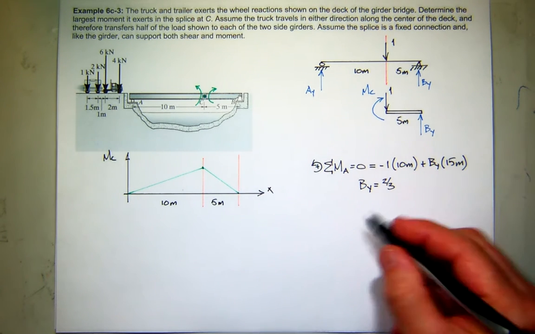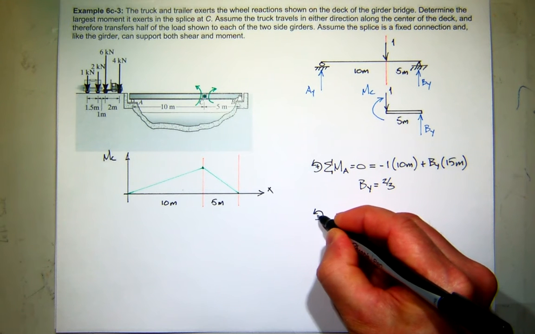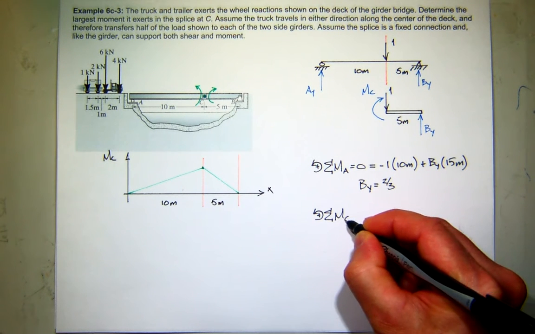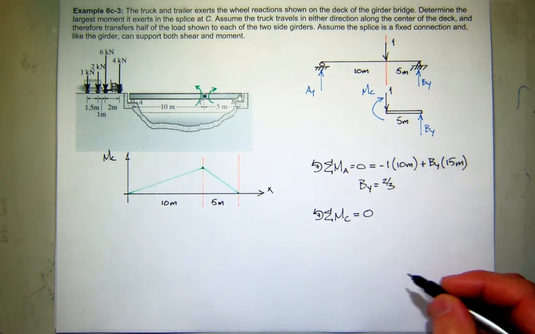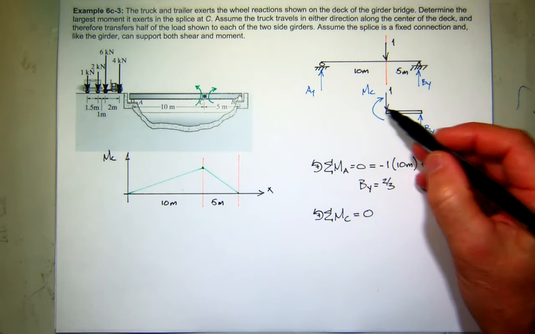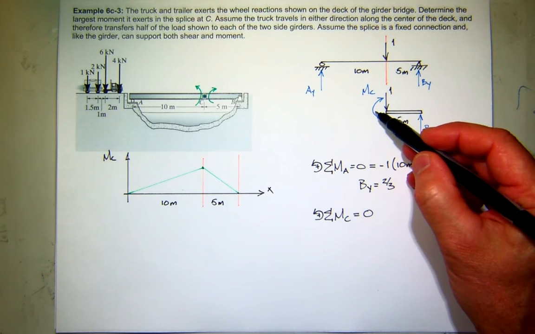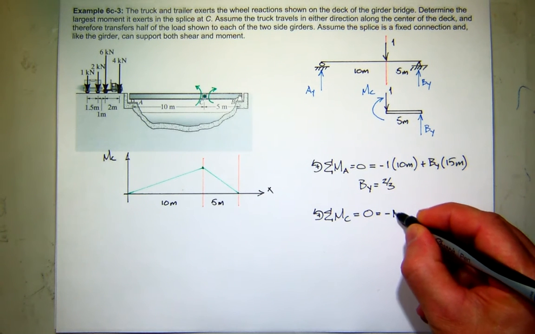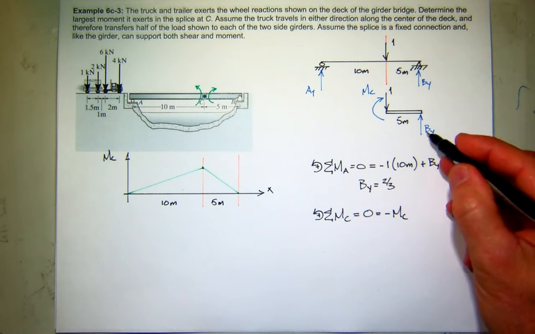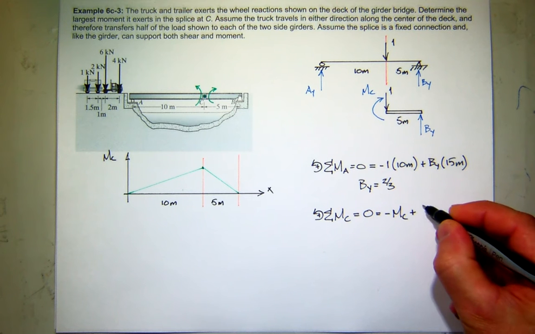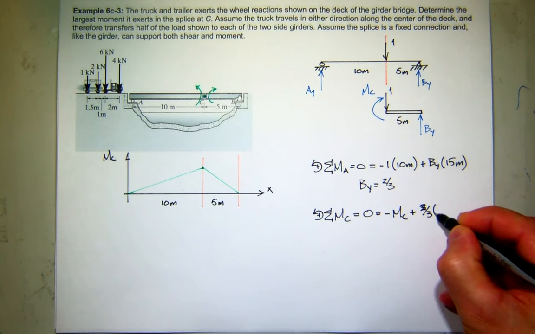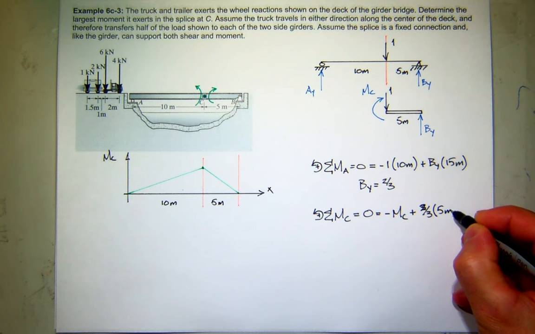Now that I know that, I can sum moments again with the right-hand rule as my sign convention at point C, to make sure it's in equilibrium. Looking at this free body, the internal moment, positive bending moment with my sign convention, is negative. And then By creates positive moment. By is 2/3 and has a moment arm of 5 meters.